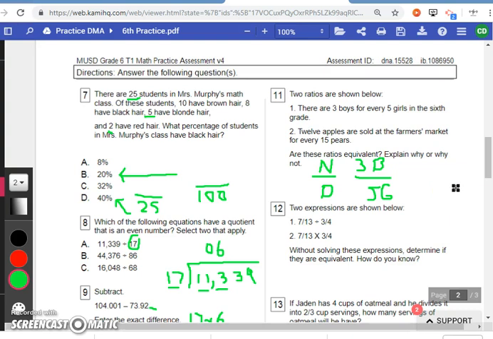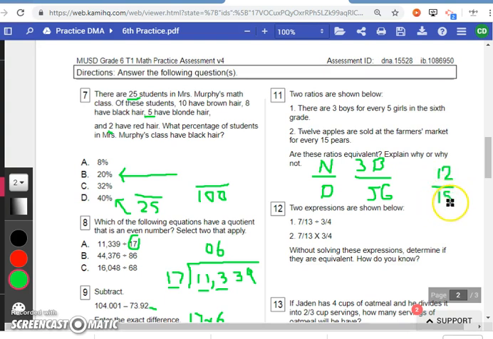A 5 to 8 relationship would be 5 girls for every 8 children. So basically what they're asking is, the next example, are these ratios equivalent? So what you want to do then is you want to go ahead and write the fraction 12 over 15.